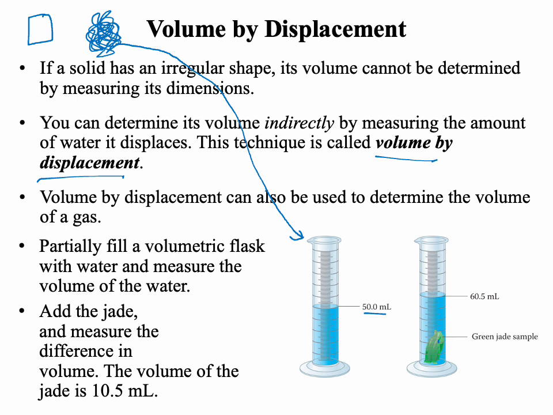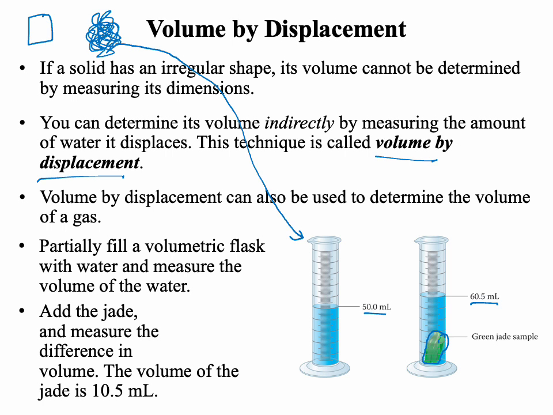Why? Because you have added extra volume that comes from this sample. Whatever the extra volume is, that change in volume is because of your object. So that is the volume of the irregularly shaped object. In this case, it was 50.